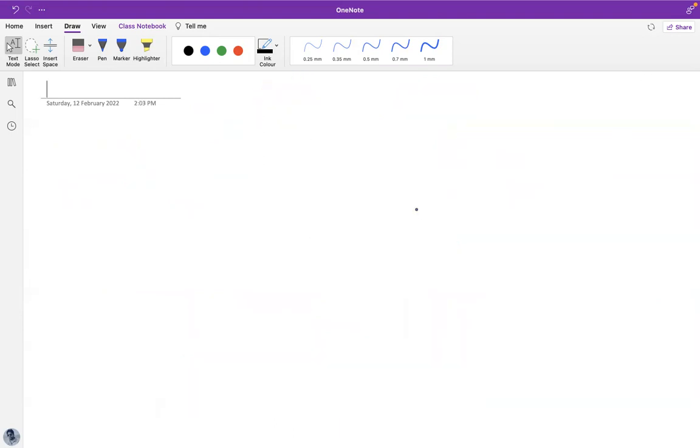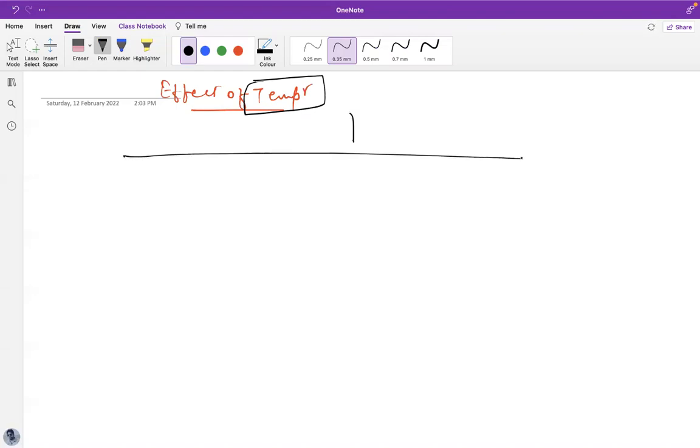Now the next is the effect of temperature on equilibrium. This is a very, very important one. Listen to me first of all. According to temperature, reactions are categorized into 2 categories. One is exothermic and the second is endothermic.